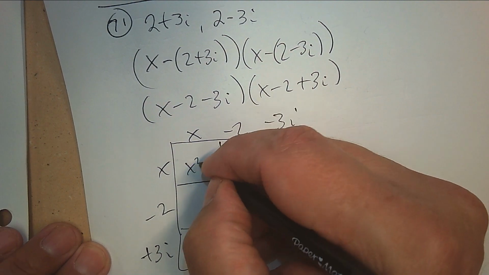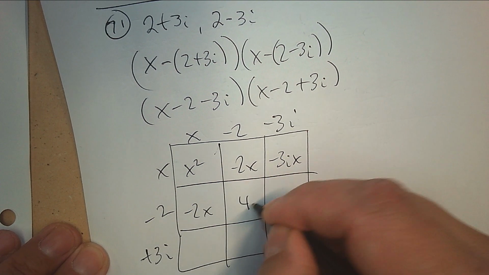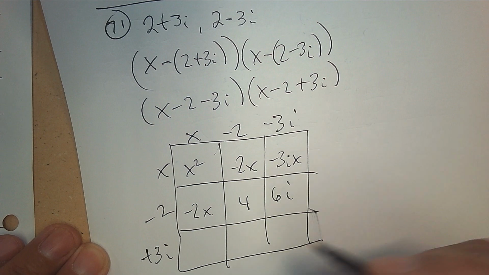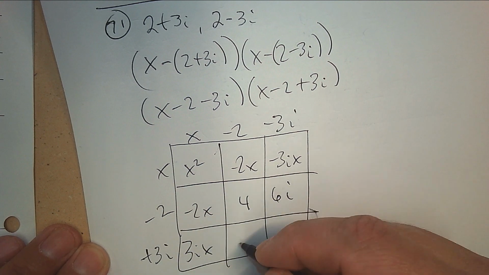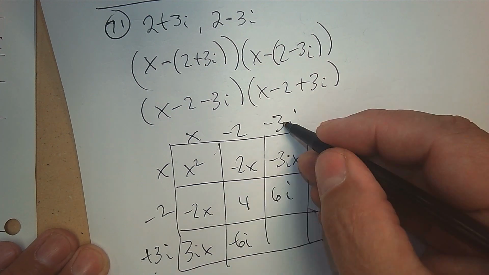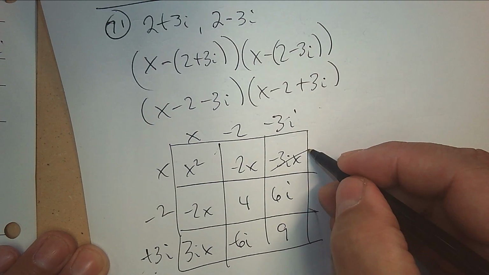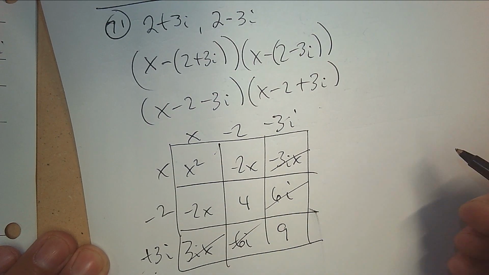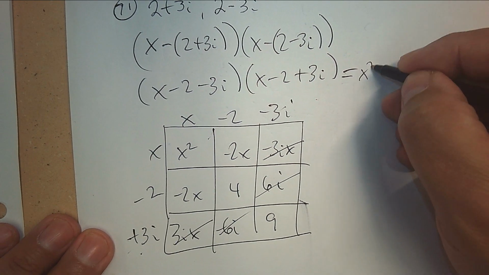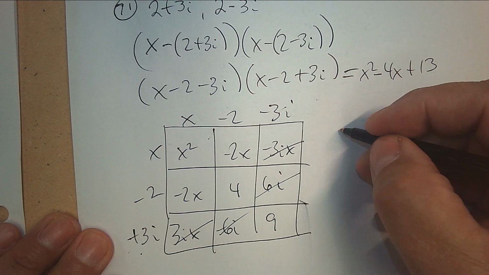So x squared minus 2x minus 3ix, negative 2x plus 6i, 3ix, negative 6i, and 3 times negative 3 is negative 9i squared, which makes it a positive 9. So all the ugliness eliminates. And what I'm left with is x squared minus 4x plus 13 again. So again, I'm going to divide.